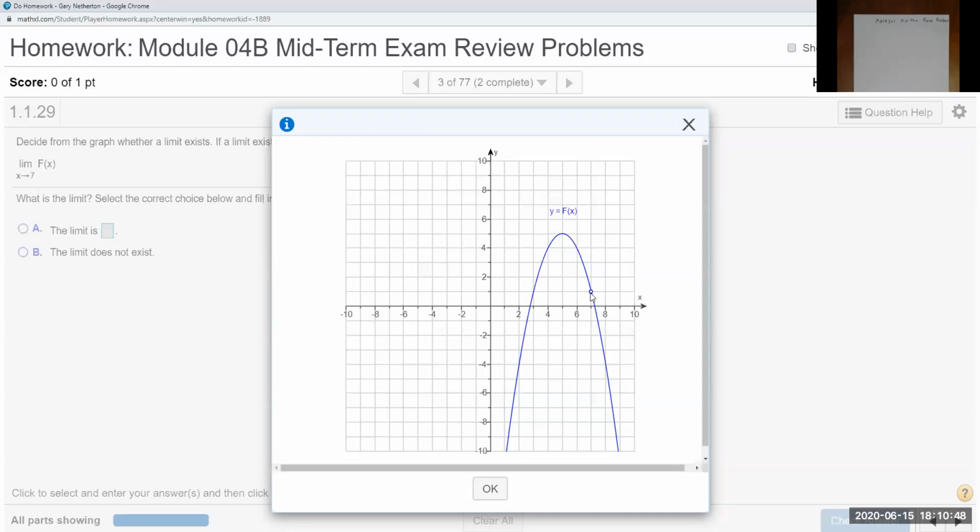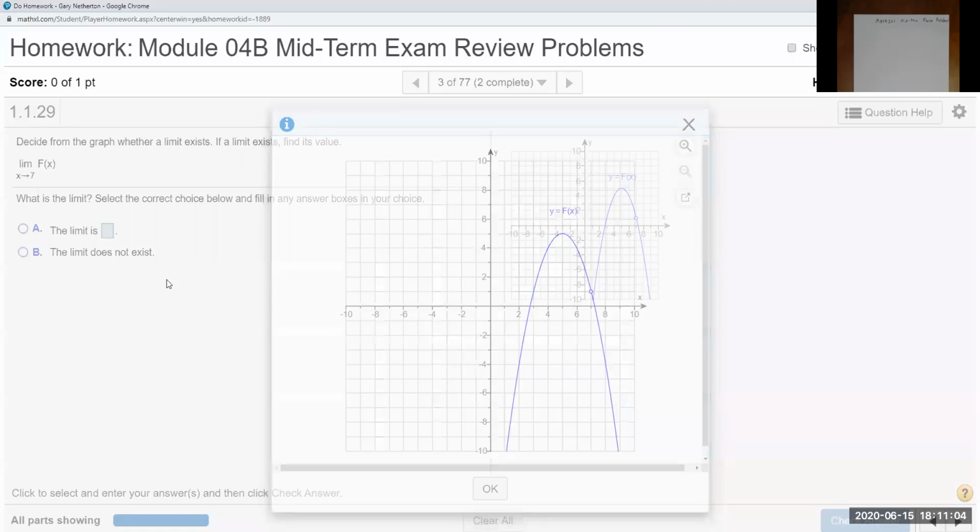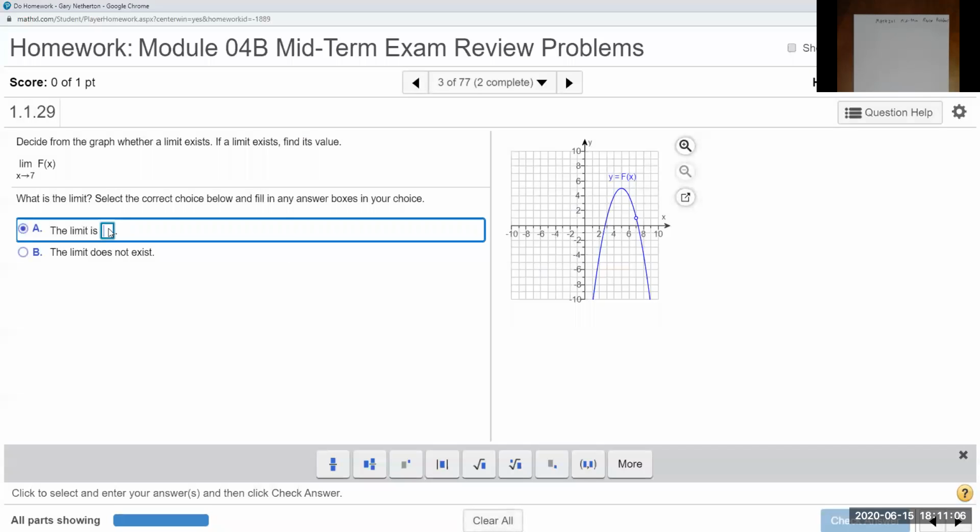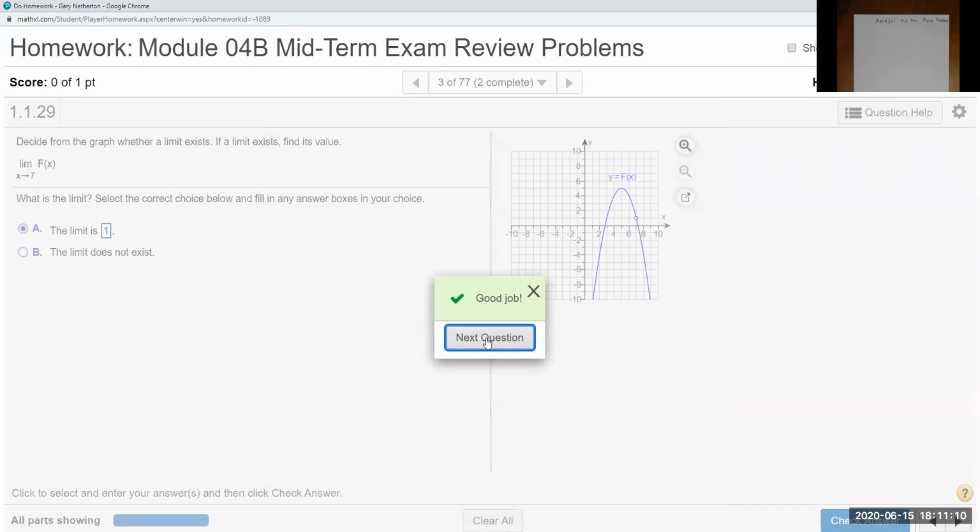For you to have a limit, you don't have to have a point right there. You're just looking at, as you approach the value of x, what is the function approaching? So in our case, we've decided it's 1. So I put a 1 in here, and I check my answer, and that's correct.